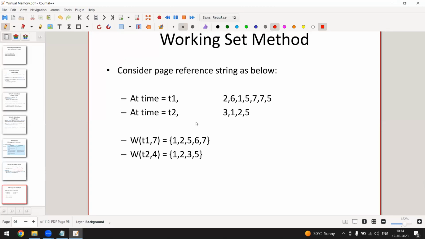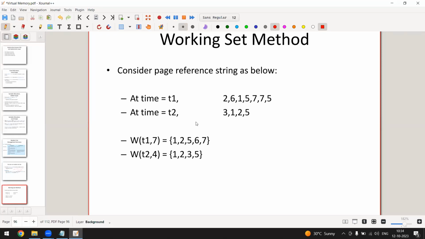This is the example of working set. Here at time t1, this is my reference. At time t2, this is my reference. If I am at t1 with delta 7, I have to select all the pages. For t2, delta is 4, so I have to select the pages referenced during the last 4 time units.